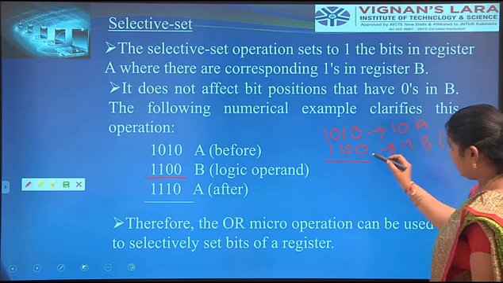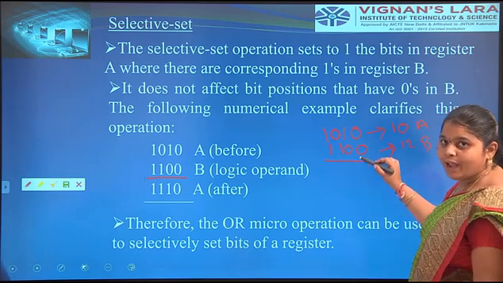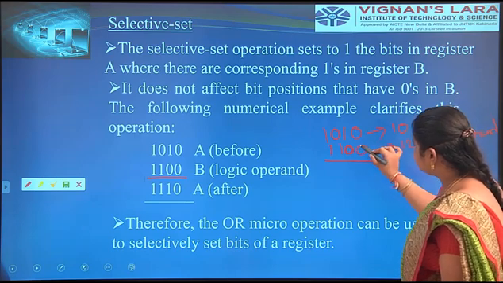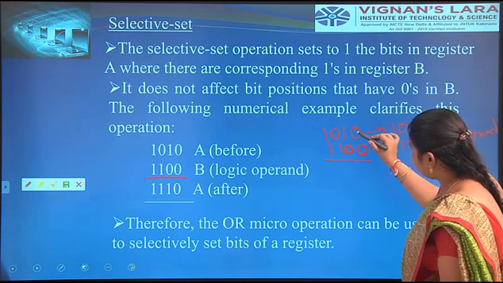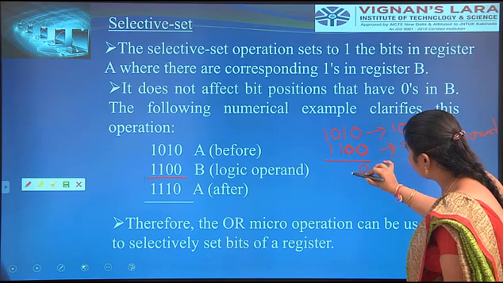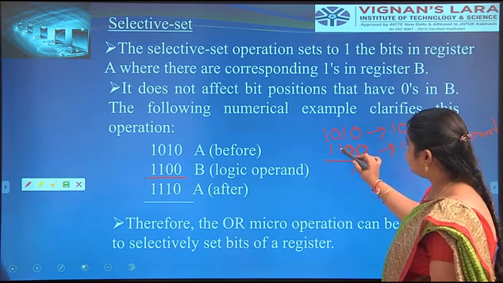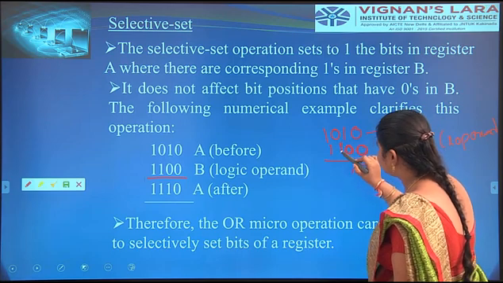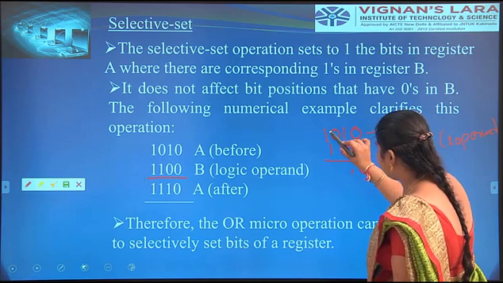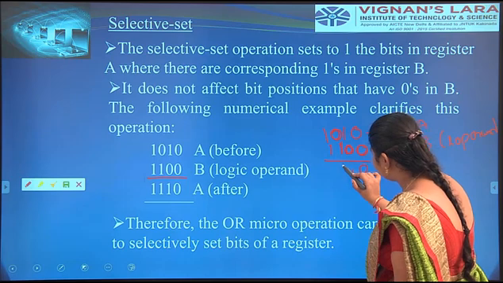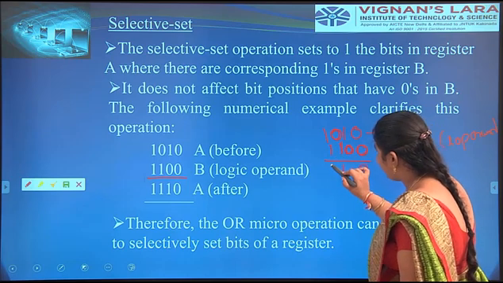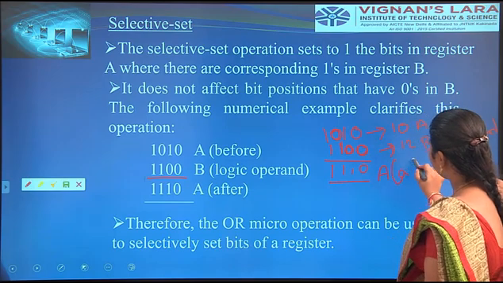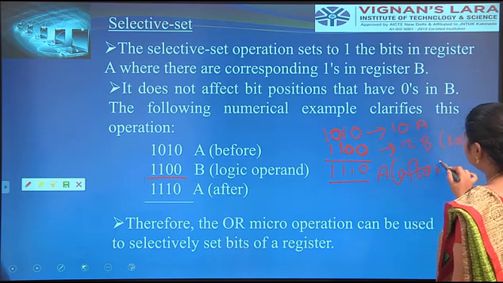With the help of the 4 bits of the B register, we calculate the A register. Here in the B register there is a 0, so A does not change: 0, 1. Where B has 1, we change the corresponding bits. In A it is 0, so we place it as 1. Here also 1, so we place it as 1. This is the final output A after the calculation of the selective set.